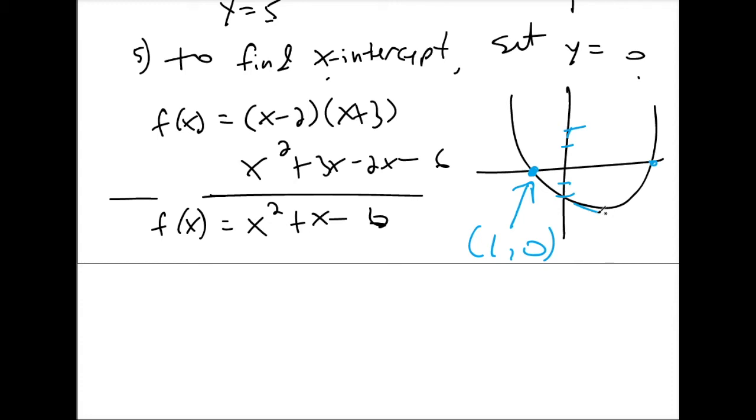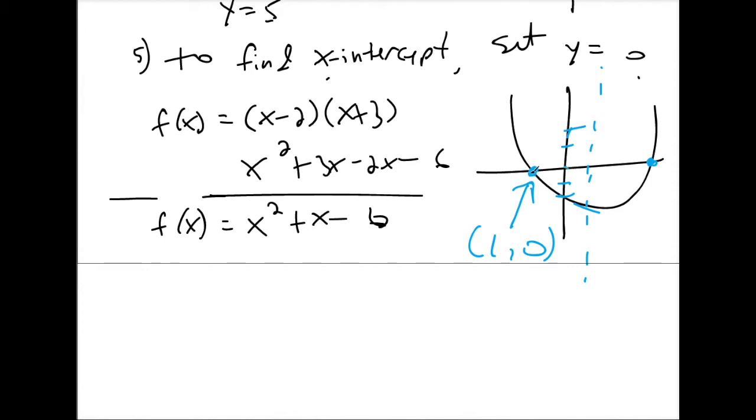Where it crosses the x-axis, what's the y value going to be? 0. Right. And when it crosses the y-axis, which is right here, what's the x value going to be? Well, x equals 1 is along here. What's the x value right here? 0.